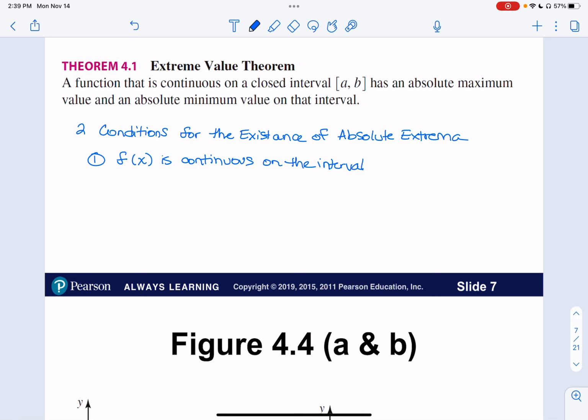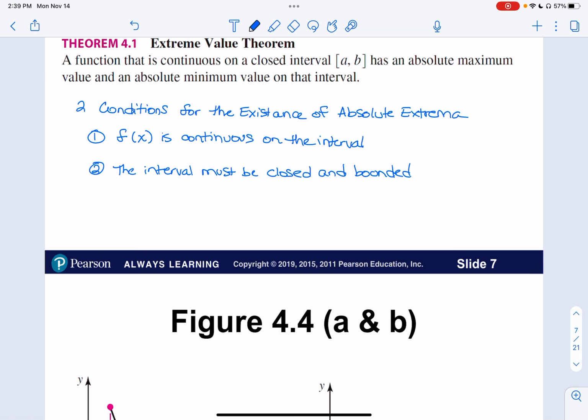I don't care if it's continuous everywhere, but it has to be continuous on the interval that we're looking at. And then second, the interval must be closed and bounded. So it needs to have the endpoints included. It needs to have bounds, right?